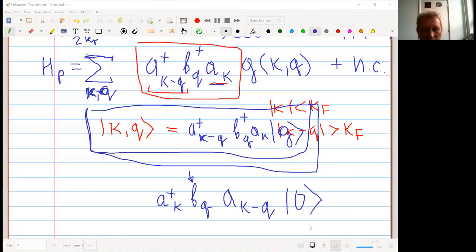The sum of all momenta of annihilated particles and the sum of all momenta of created particles must be the same. Very good. I see no questions, so let's see.